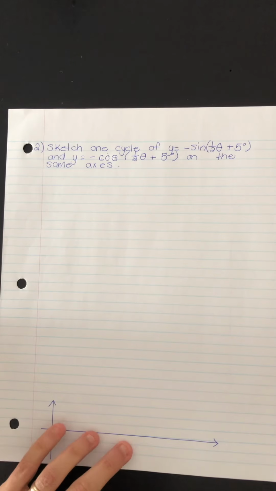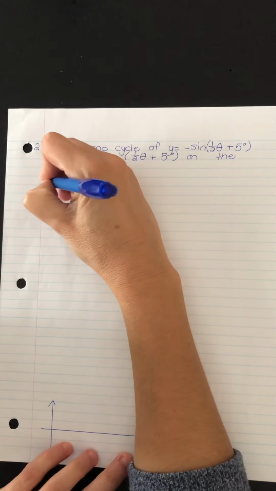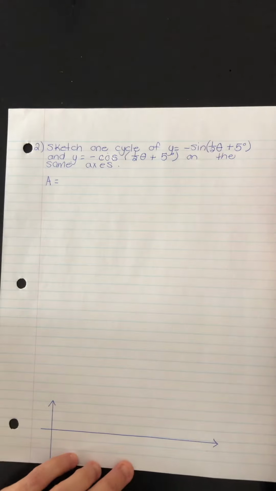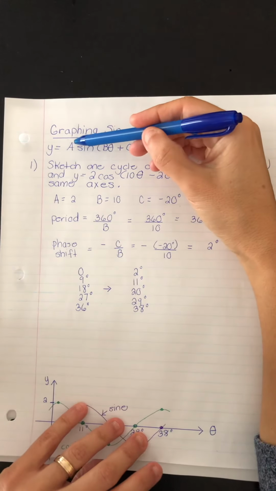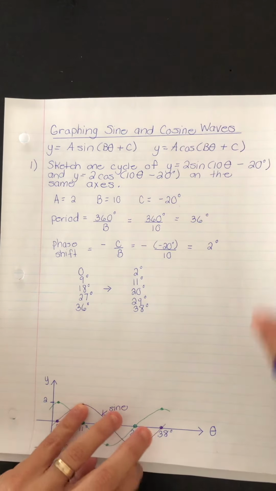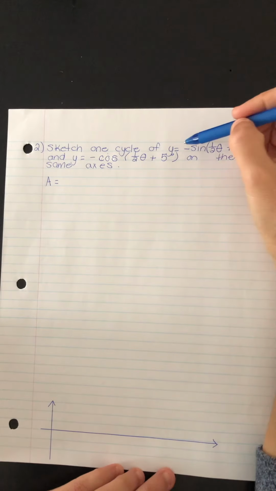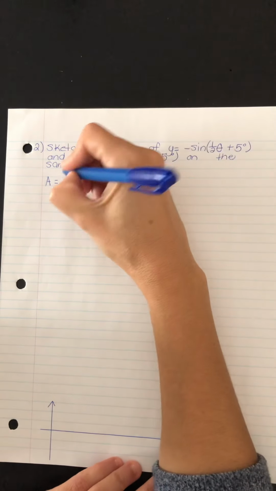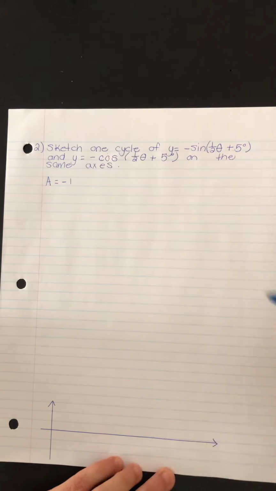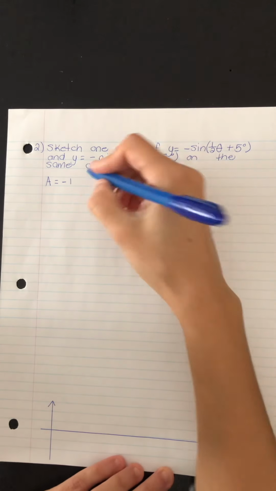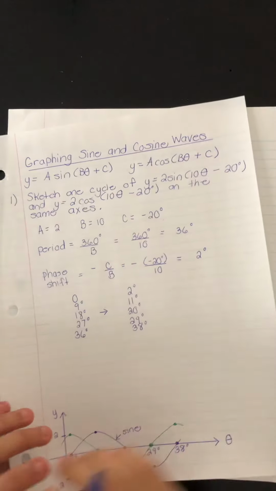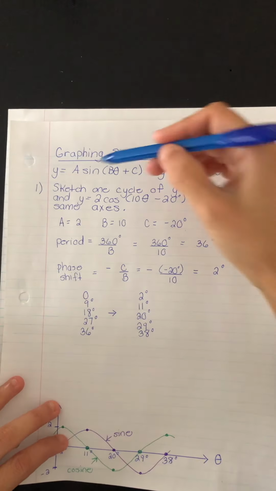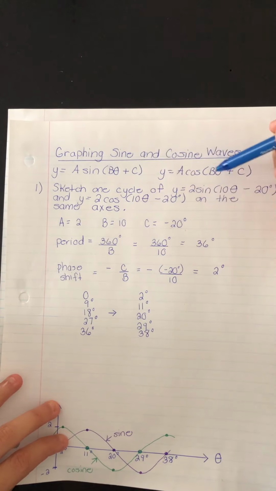So how do we begin? We begin by saying what the value of A is. Now remember, you can look back at the general form if you like. A is the coefficient here. So in this case, all we have is this negative sign, and of course, that corresponds to A equal to -1. The value of B is the coefficient of theta inside.